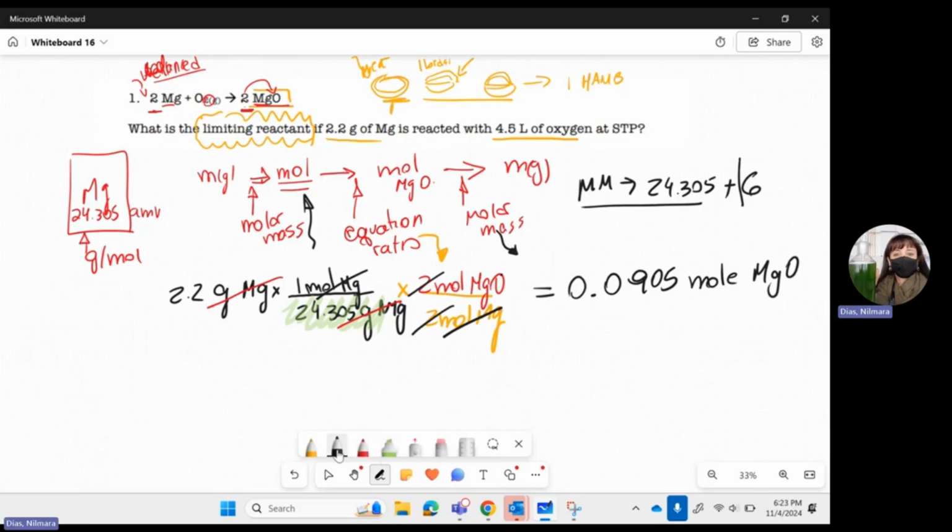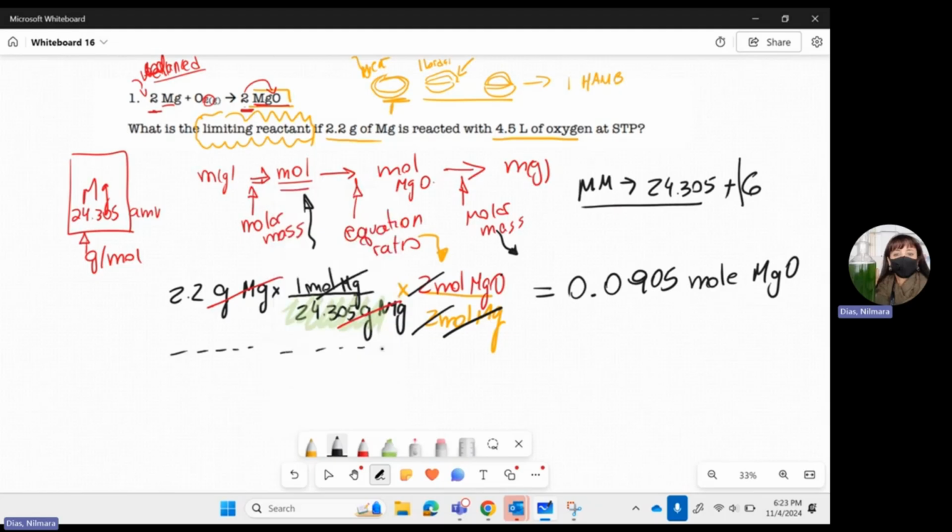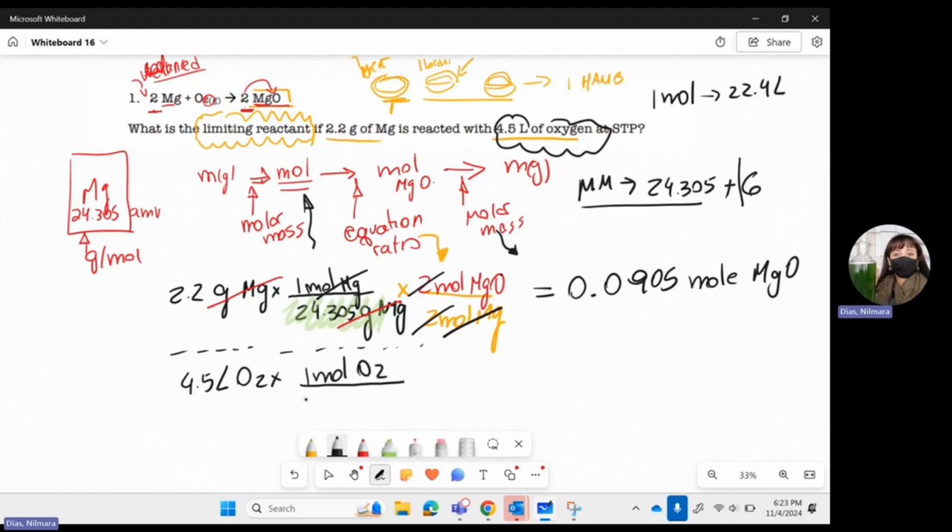So now let's see what we have with the oxygen. I have liters. Remember, 1 mole of any gas corresponds to 22.4 liters. So I have 4.5 liters of oxygen, and I want to convert this to moles. I know that 1 mole of oxygen will occupy 22.4 liters.